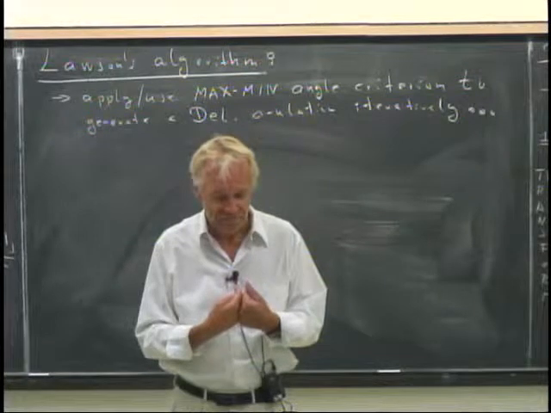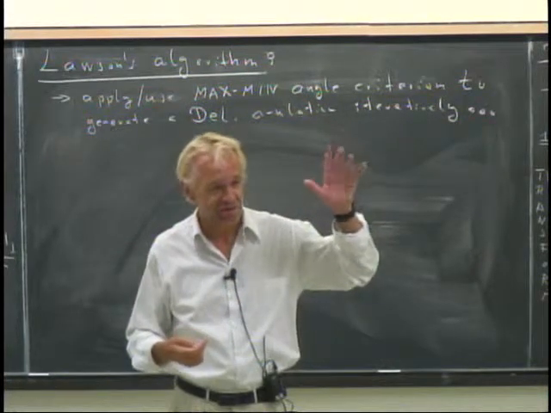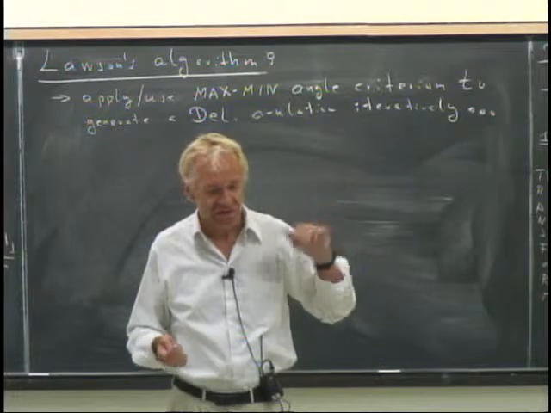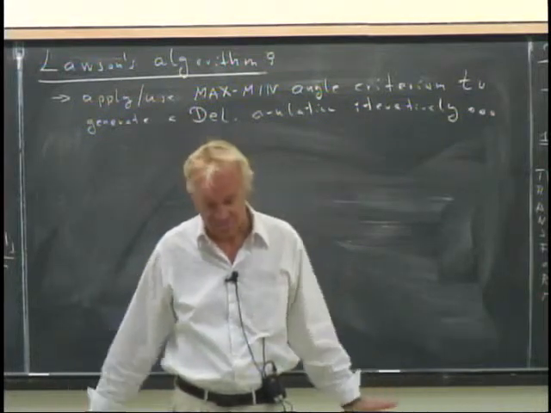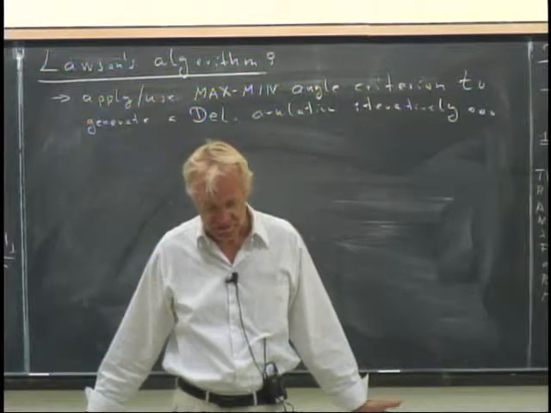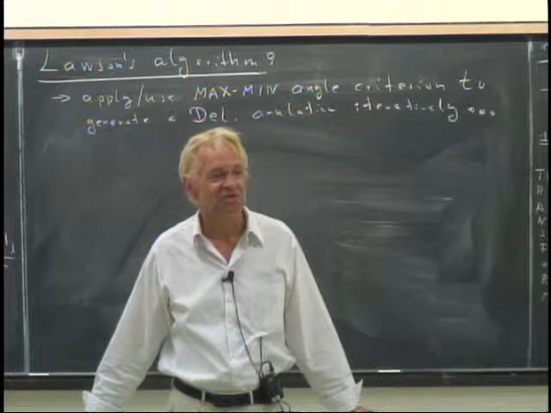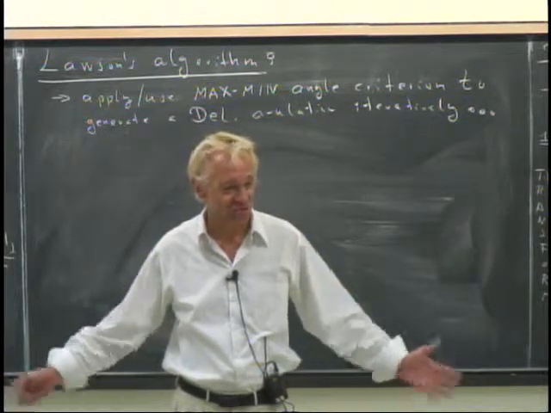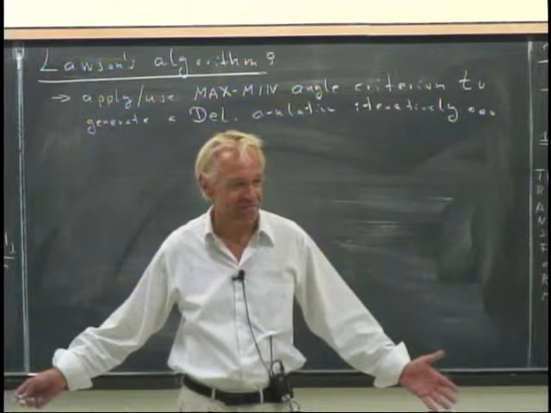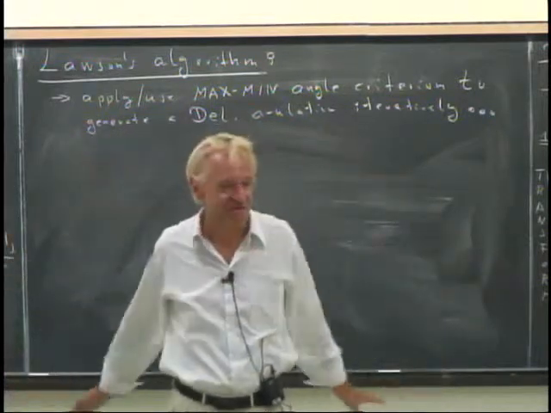So there is this issue of starting. How do I start? Again, it's for scattered data. I'm given 1,000 sites. How do I start? In the plane, I start with a bounding triangle. I just start with one bounding triangle, which for sure is a Delaunay triangulation. A big, fat, happy triangle that contains all the other sites.